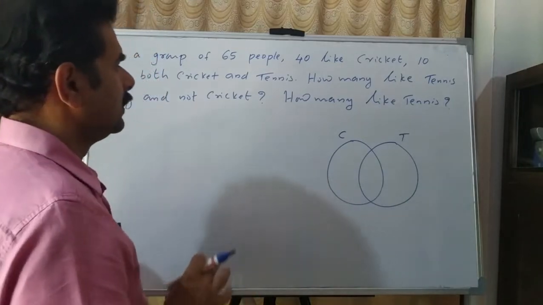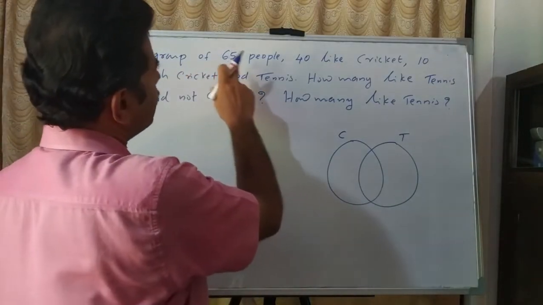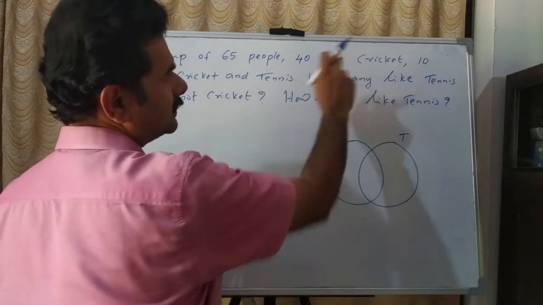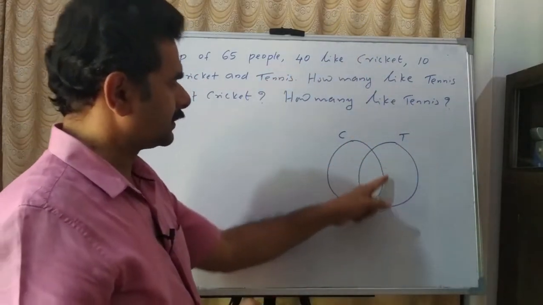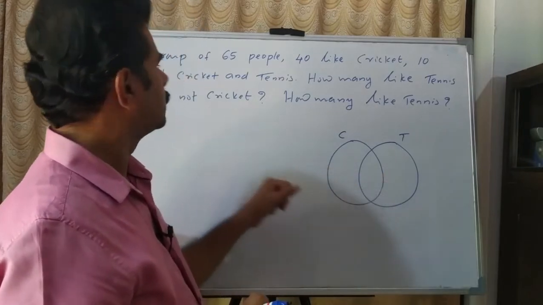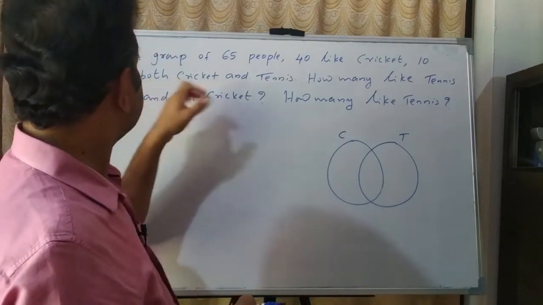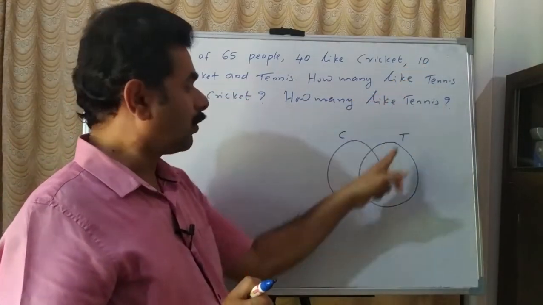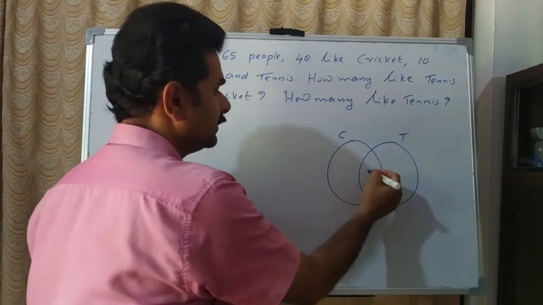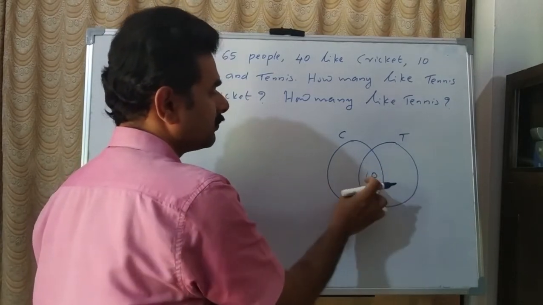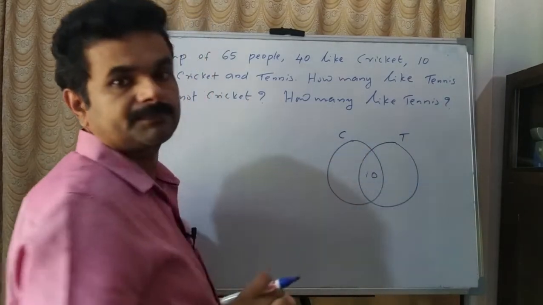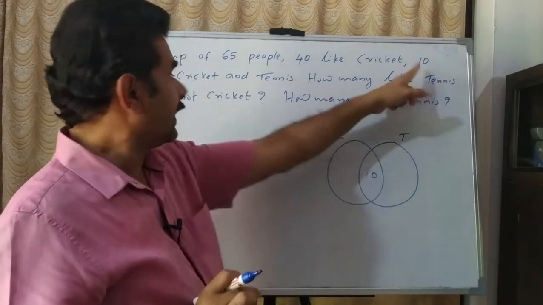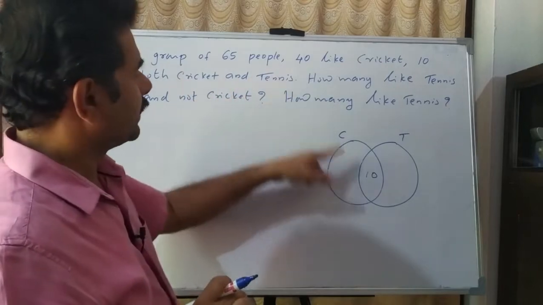In a group of 65 people, 40 like cricket, 10 like both cricket and tennis. This is very important. This is 10. Firstly we fill in the intersection part because this is common for both cricket and tennis.